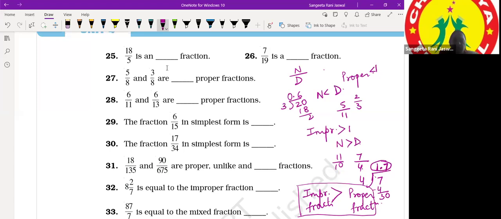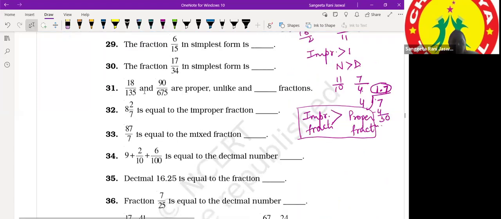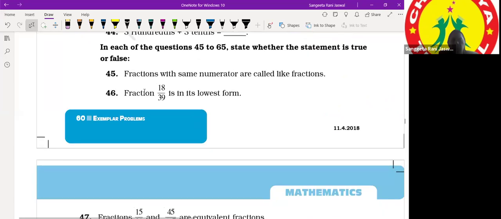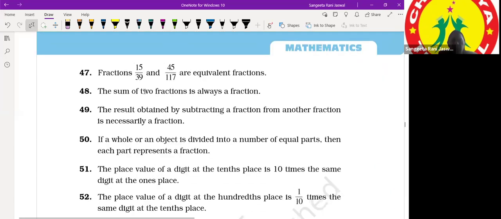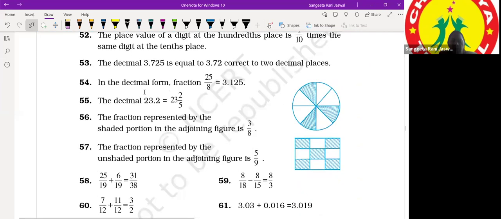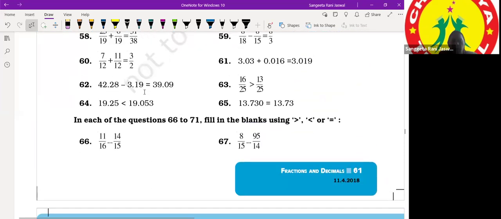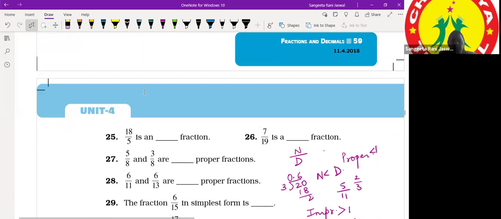Okay. So here there are some fill in the blanks. Let's take up these only.